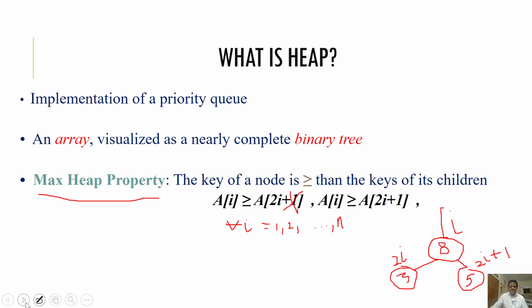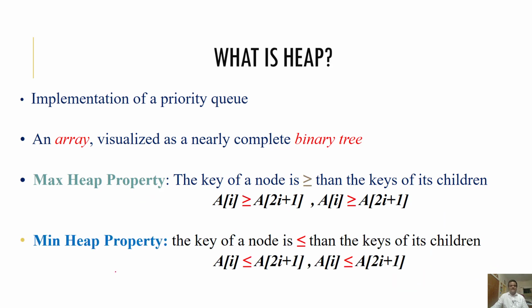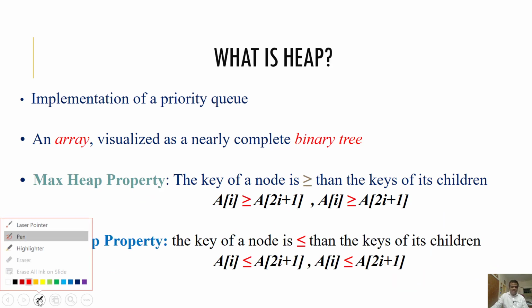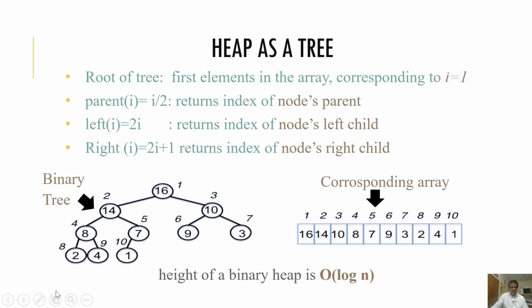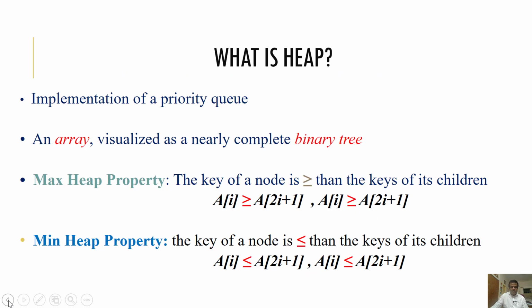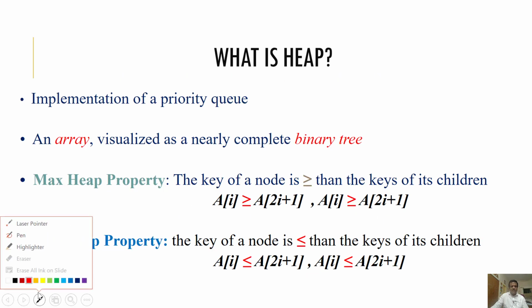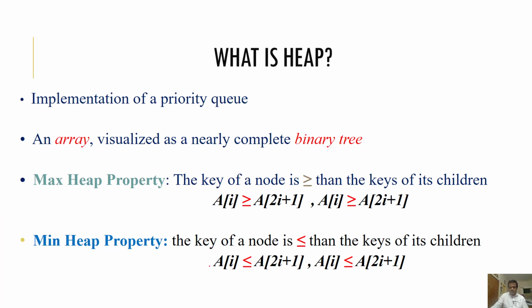Similarly, we can define the min heap. If every node is less than its children, then we call this a min heap. This is the min heap property: ai must be less than a2i and ai must be less than a2i plus 1.